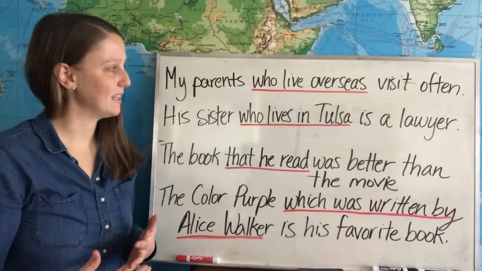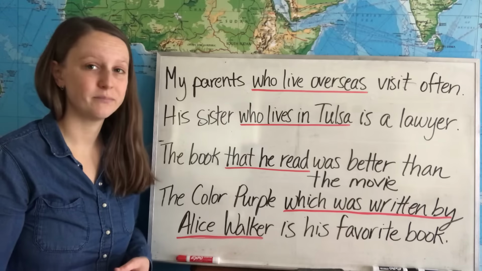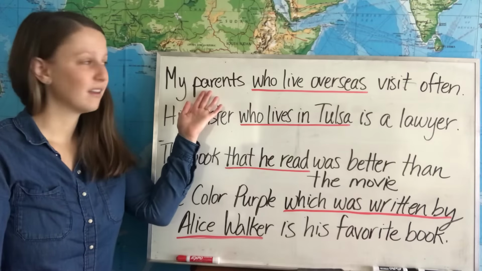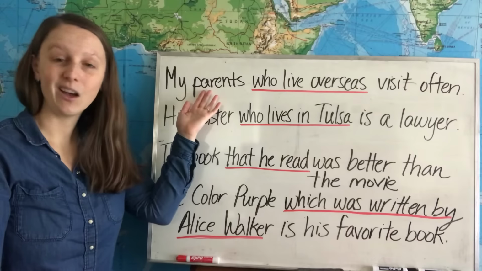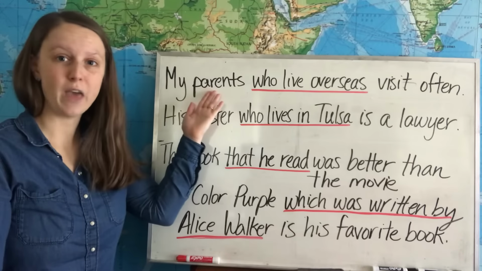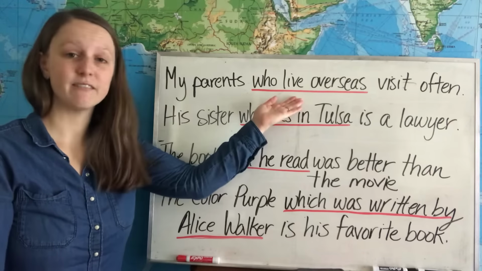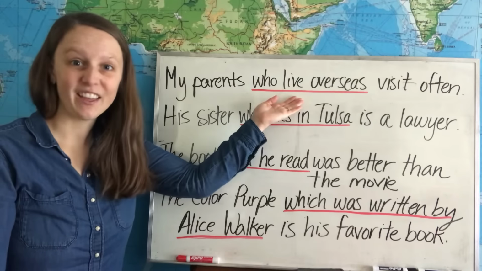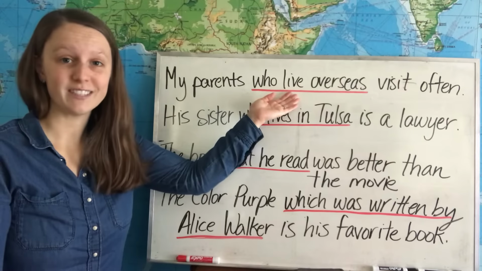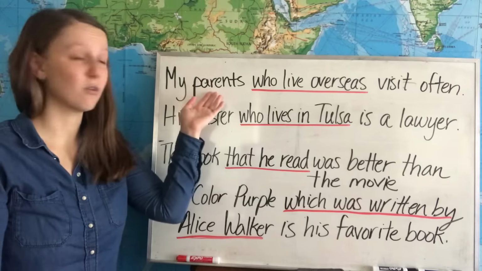Our first example sentence is, "My parents who live overseas visit often." Now, when I think about my parents, that's pretty specific. I only have two parents and they are my parents. We know who they are. So, this information that they live overseas is extra information. This makes this a non-restrictive adjective clause because it's not necessary for us to know which parents.